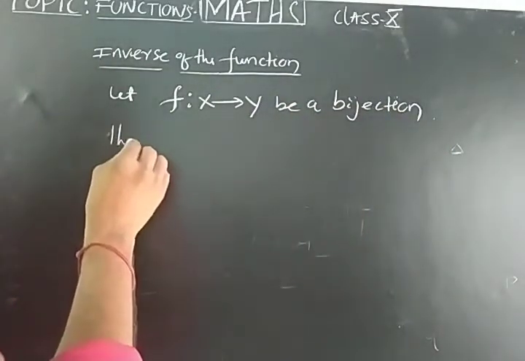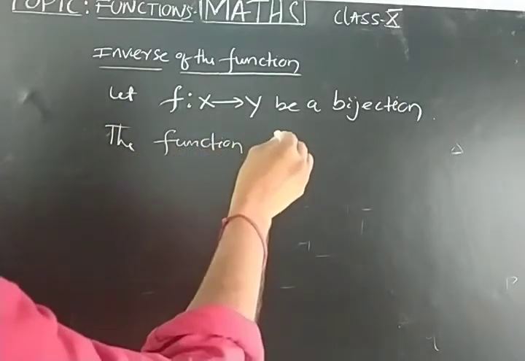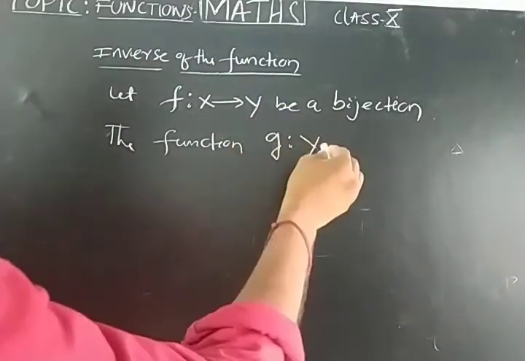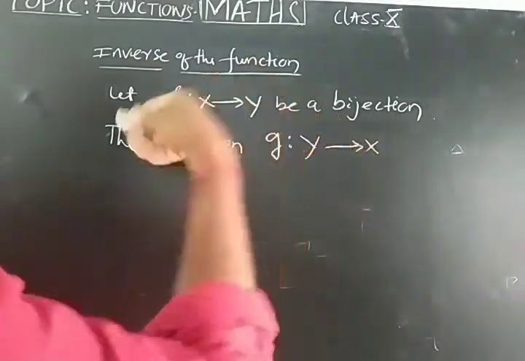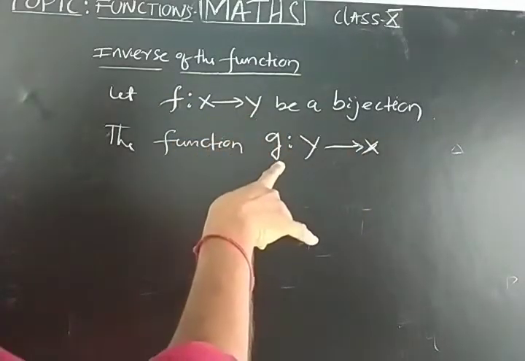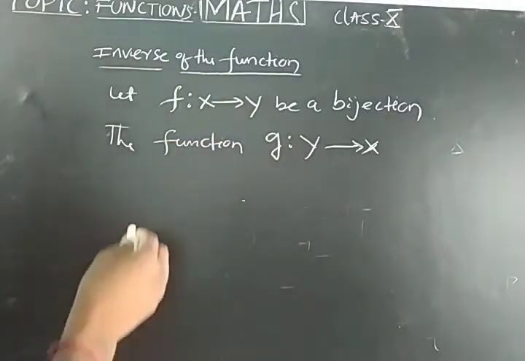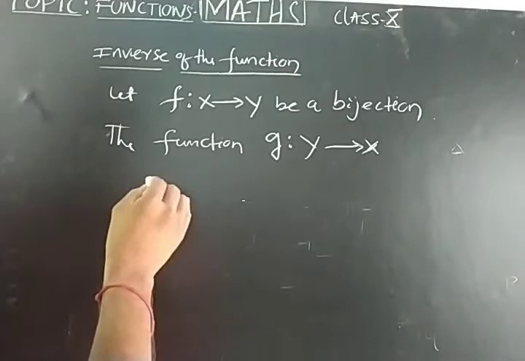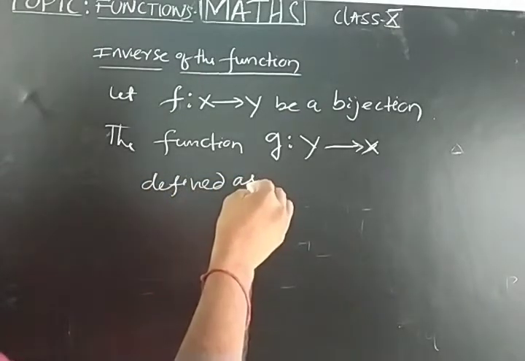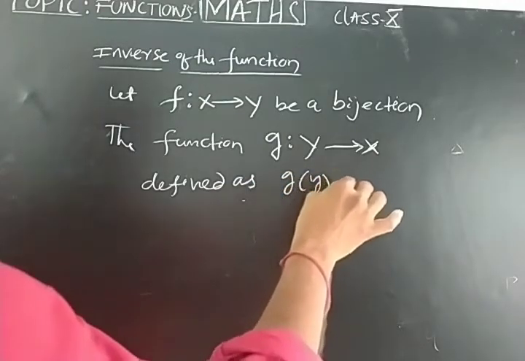Then take another function g, which is defined from the codomain to the domain, such that g of y is equal to x.